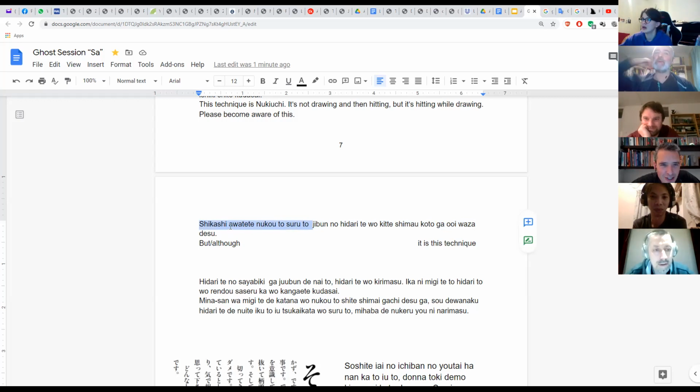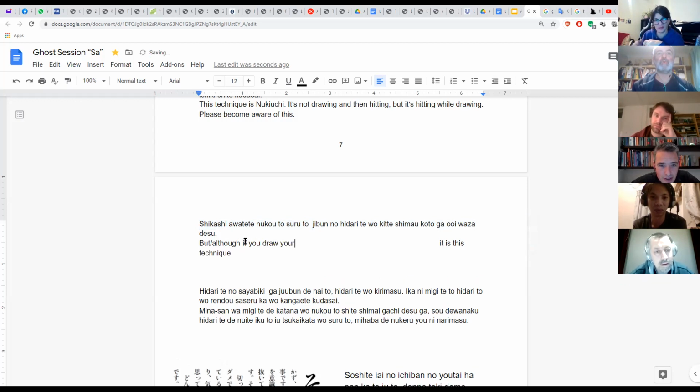So for awateru, I would actually translate this as rushing and panicking. If you draw your sword hurriedly, in a hurry or too quickly.